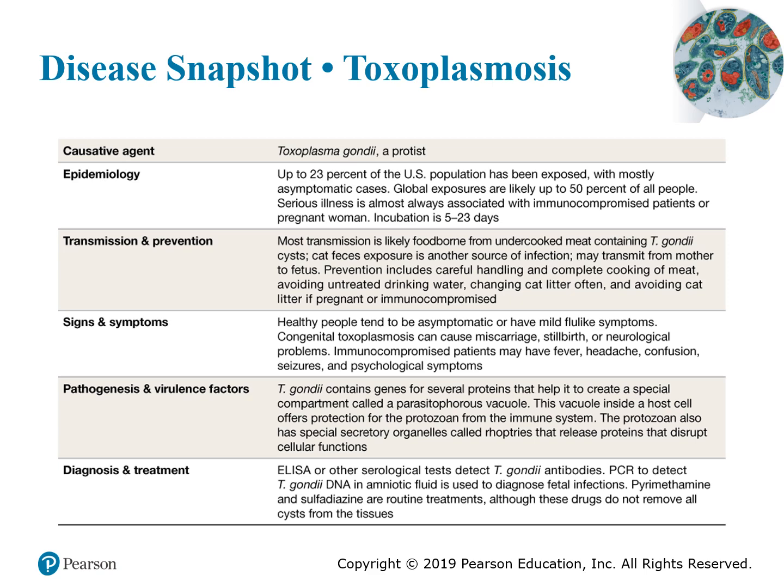So healthy people do tend to be asymptomatic, but they can have mild flu-like symptoms. The reason why pregnant women want to avoid it is because you can have a congenital toxoplasmosis, which can cause miscarriage, stillbirth, or neurological problems. With immunocompromised patients, they tend to have more symptoms than what a normal healthy individual would.